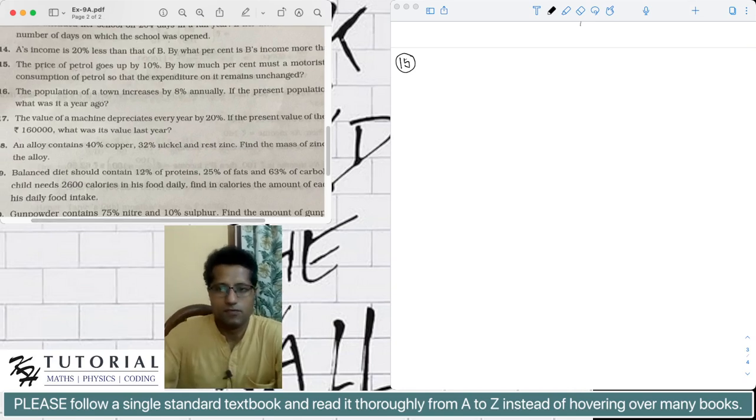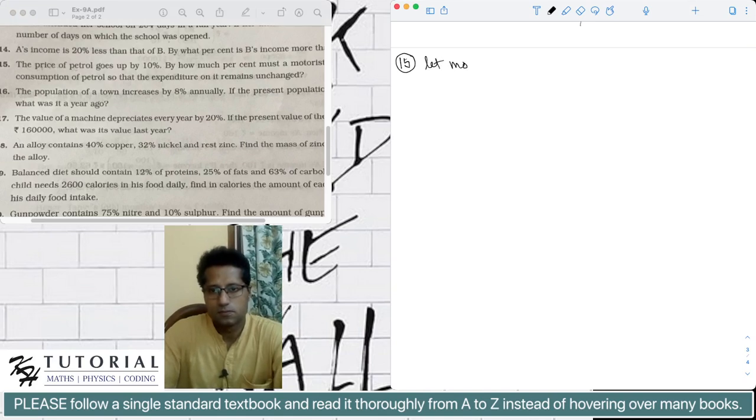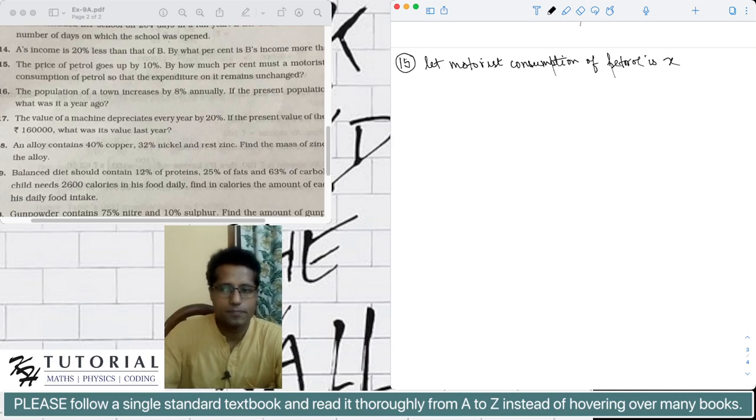So we have to assume the consumption of petrol by the motorist. So let motorist consumption of petrol is, let's say, X liter.